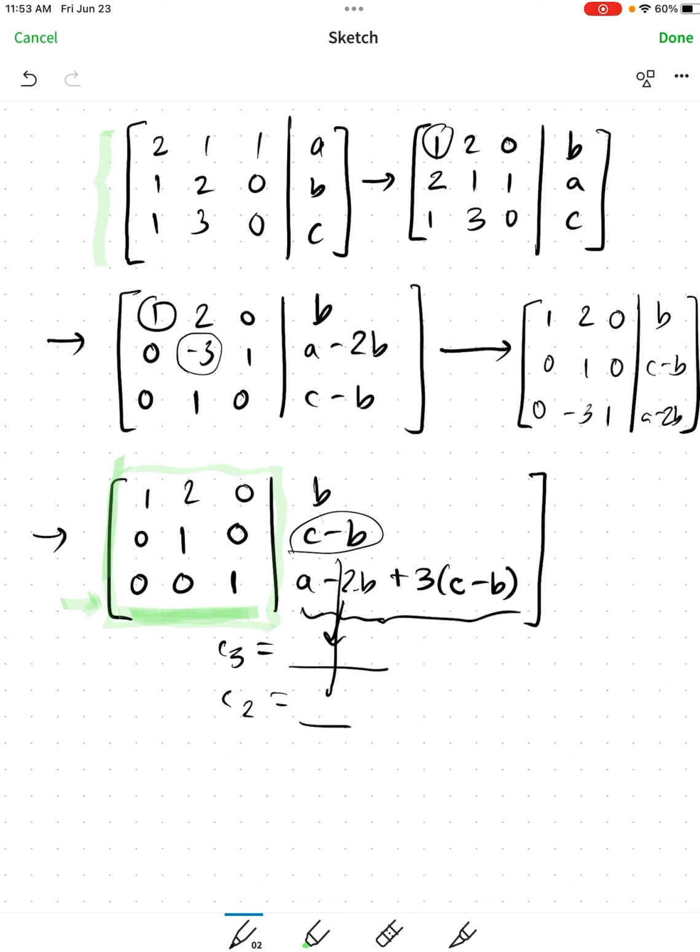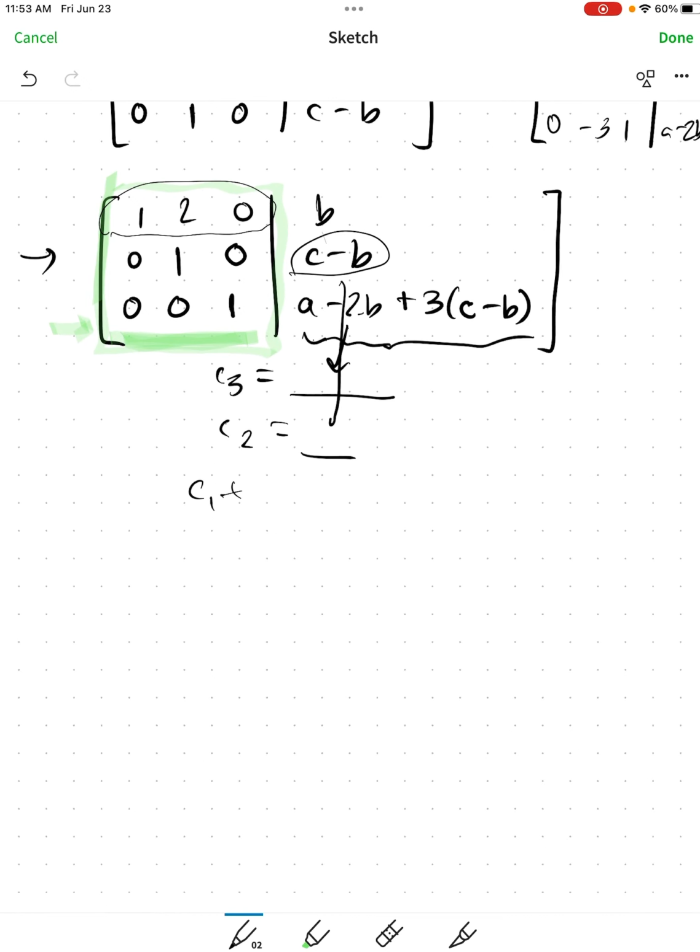And then from the first row, this is C1 plus 2C2 equals B, and once I plug in C2, I can solve for C1. So I do have a solution. I can solve for C1 and C2 and C3 in terms of A, B, and C.